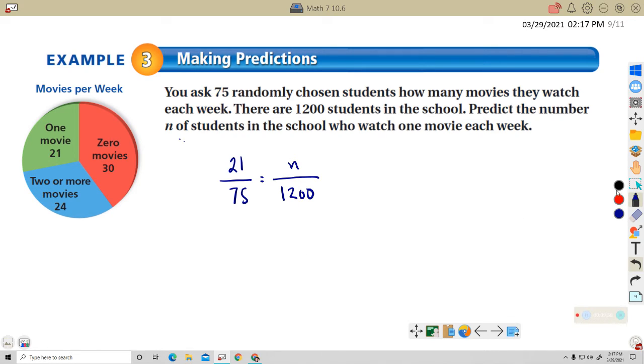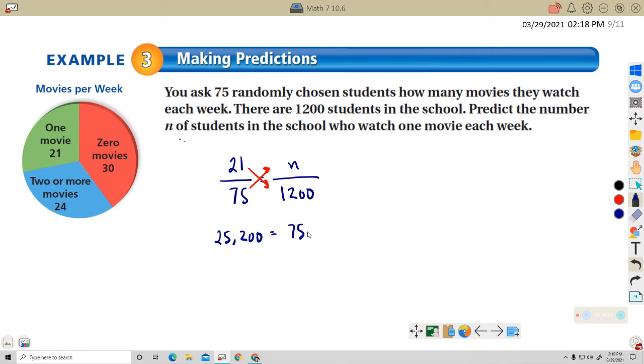Okay, and I think for this, we're going to use cross multiplying. So 21 times 1,200 and 75 times N. So 21 times 1,200 is 25,200.